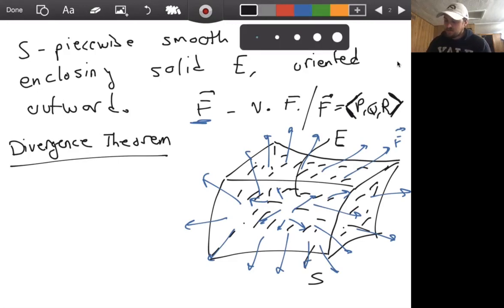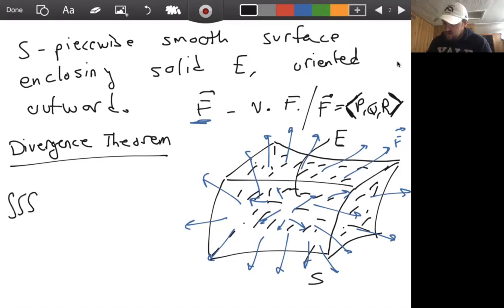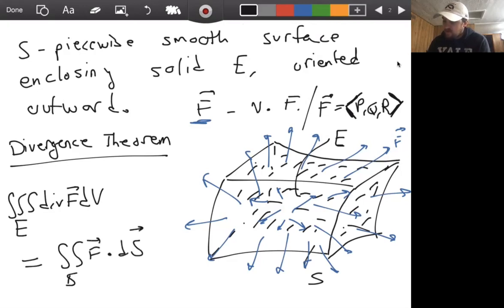The divergence theorem says that if you integrate the divergence of the vector field over this solid E, this is the same as the flux integral, or the vector surface integral, of the boundary.